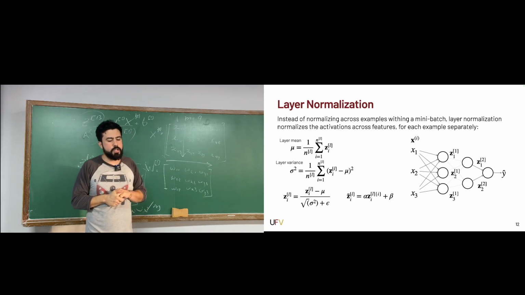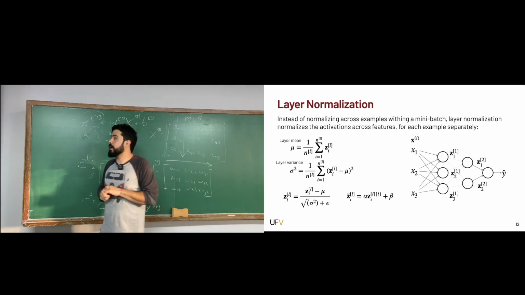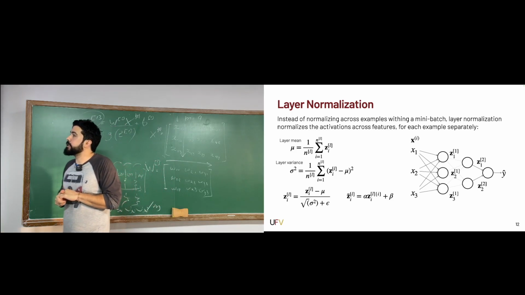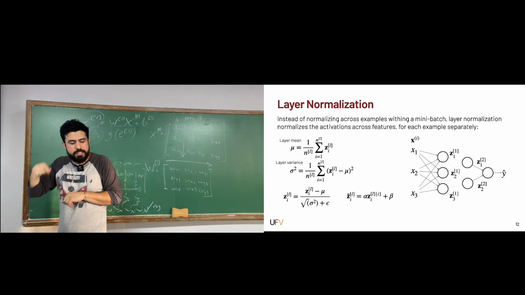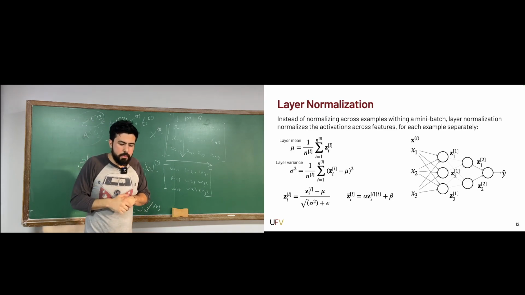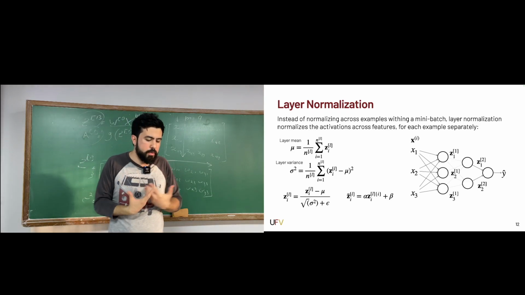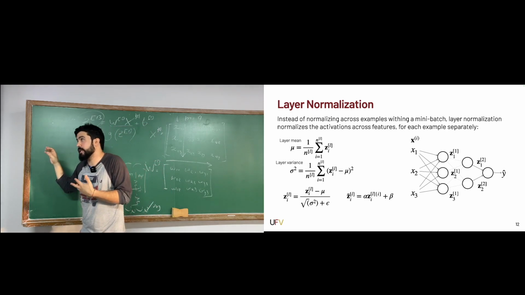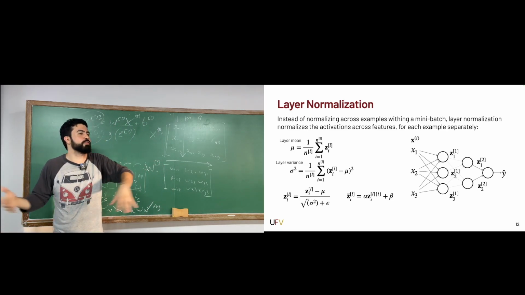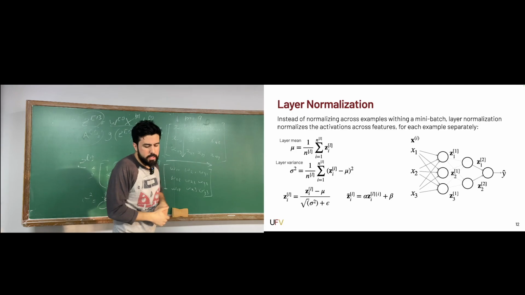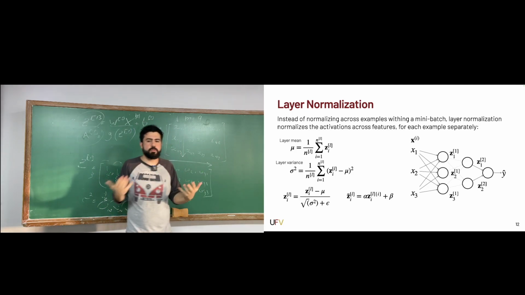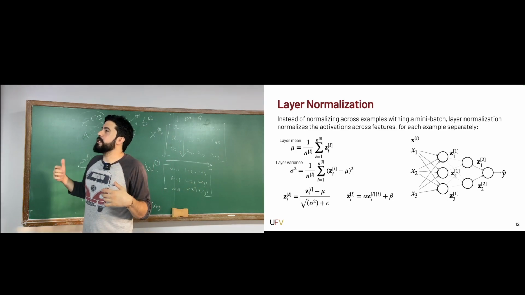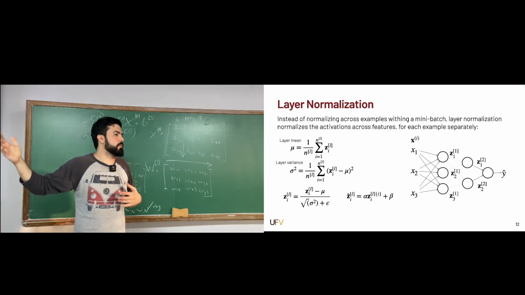So I really encourage you to look at the code and do it one example by hand if you want to get more familiar with these ideas. And particularly layer normalization, it's very important nowadays because it's inside the transformer. So there is layer normalization in a transformer block, and you will have to implement this anyways, okay?